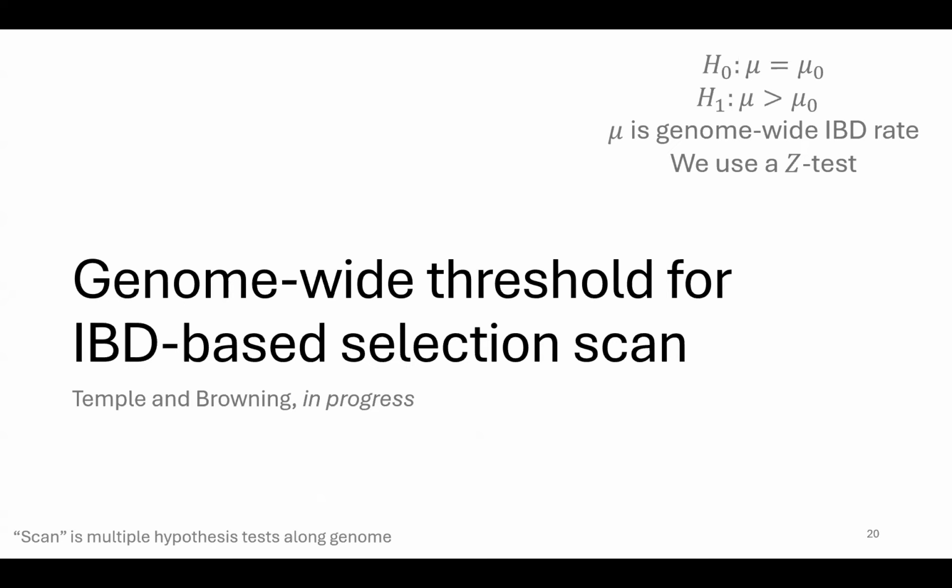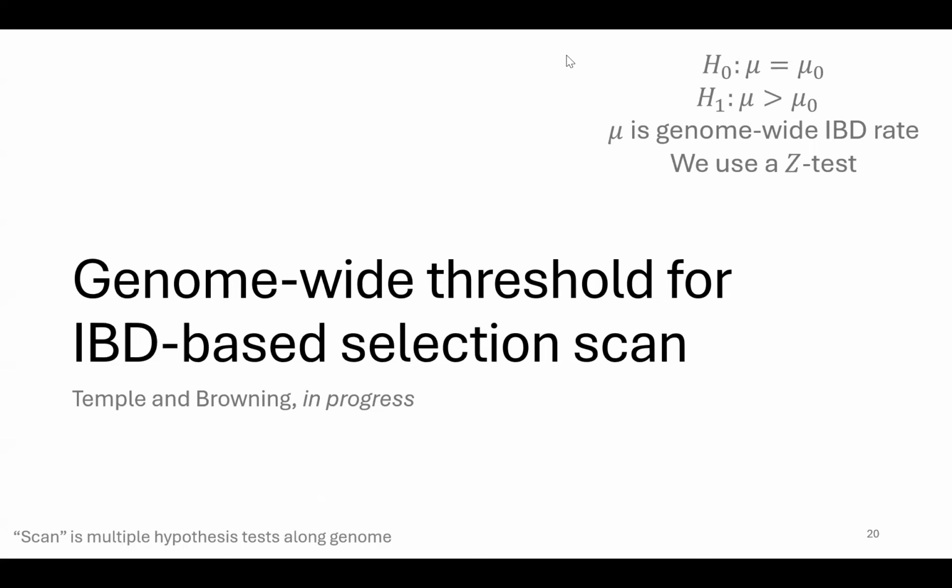Okay, now we will transition to my third project, which is about a genome-wide significance threshold for an IBD-based selection scan. This selection scan has the following null hypothesis. The null hypothesis is that there is a constant genome-wide IBD rate around a locus, and the alternative hypothesis is that there are sites that will have an excess IBD rate.